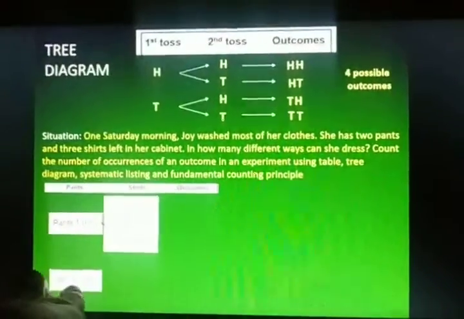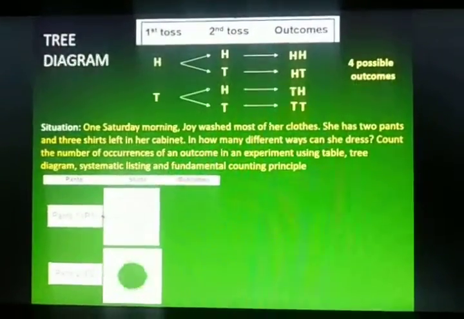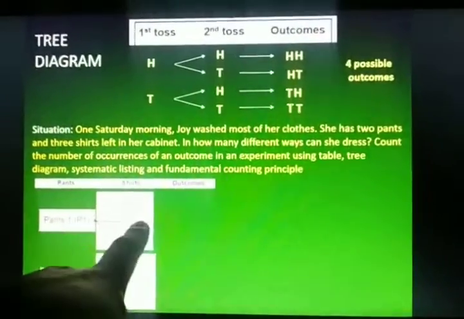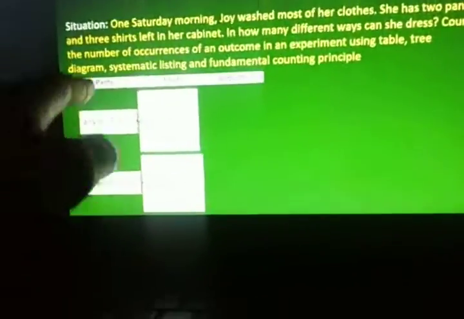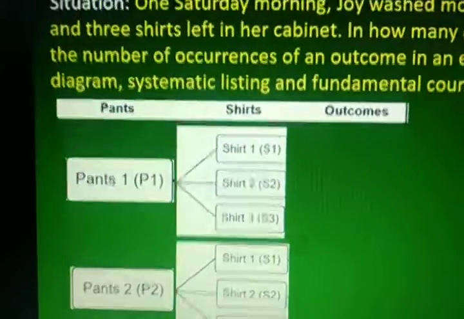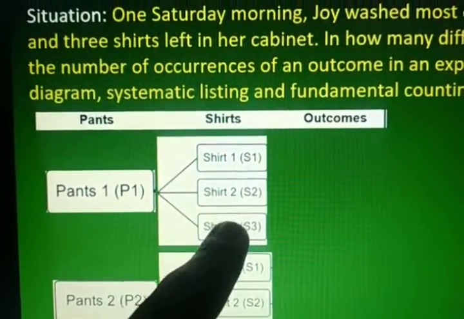Then, pants 2 can also be paired with shirts 1, 2, and 3. Then, pair pants 1 to shirt 1, pants 1 to shirt 2, pants 1 to shirt 3.